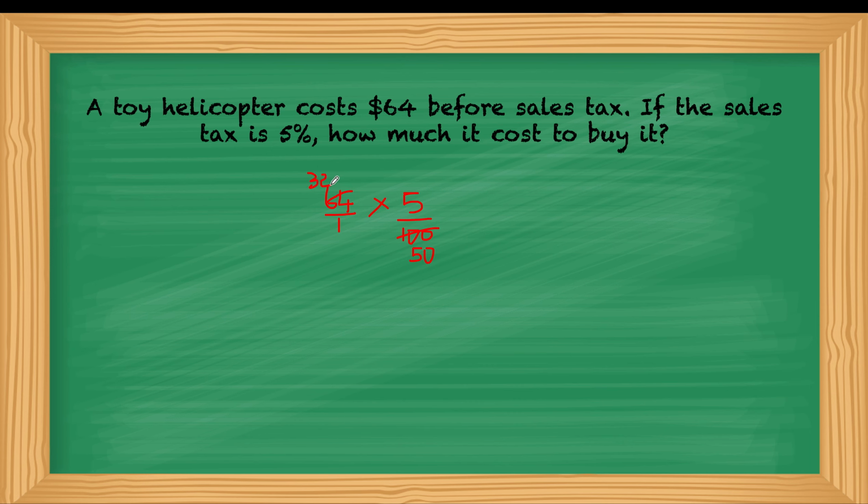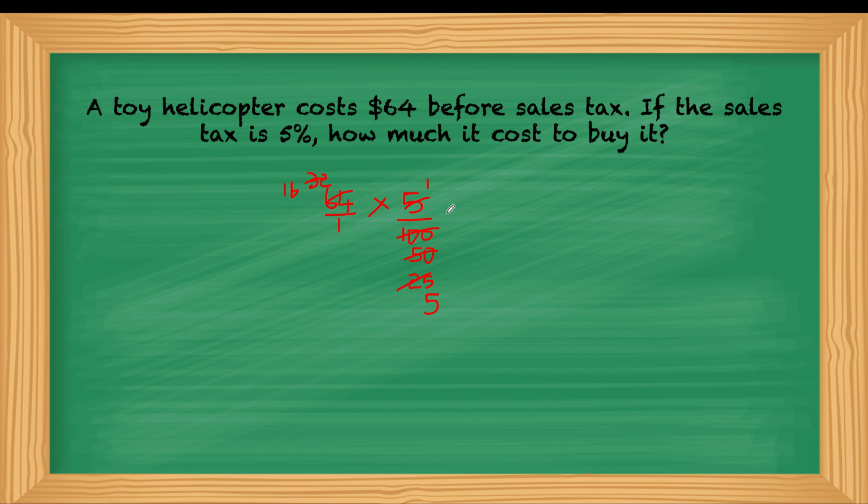And we can simplify some more, right? We can say 2 into 50 goes 25 times, and also 2 into 32 goes 16 times. Now I can simplify vertically. I can say 5 into 5 goes 1 time, and 5 into 25 goes 5 times.